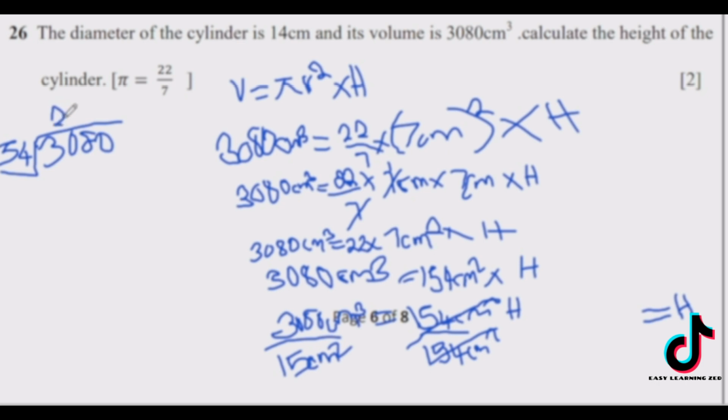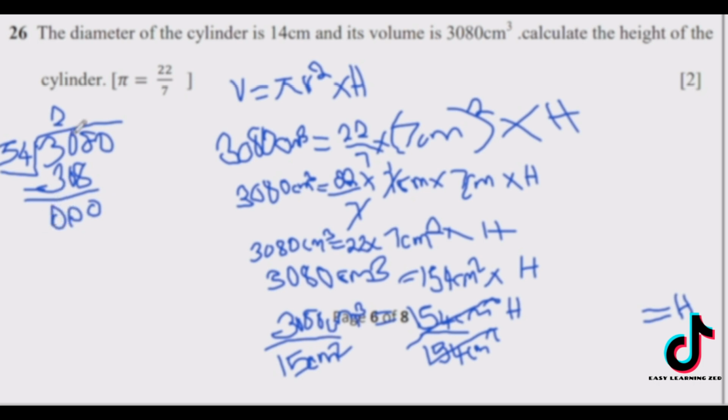Then 2 times 154 will give us 308. Then we subtract here: 8 minus 8 will give us 0, 0 minus 0 will give us 0, 3 minus 3 will give us 0.